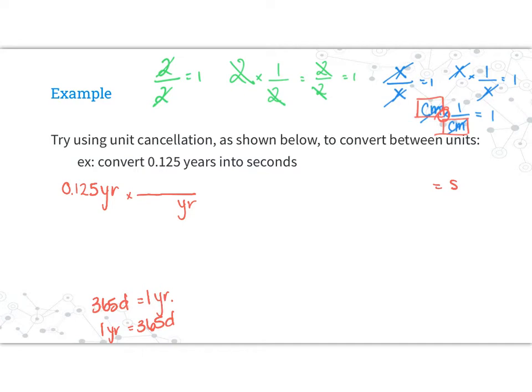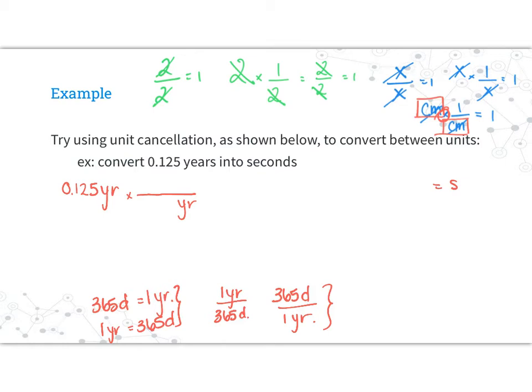So I can say that there's 1 year per 365 days. I can also say that there are 365 days per 1 year. So notice that I flipped the way that I wrote my equals, but I can also flip the ratio in the way that I've written them.